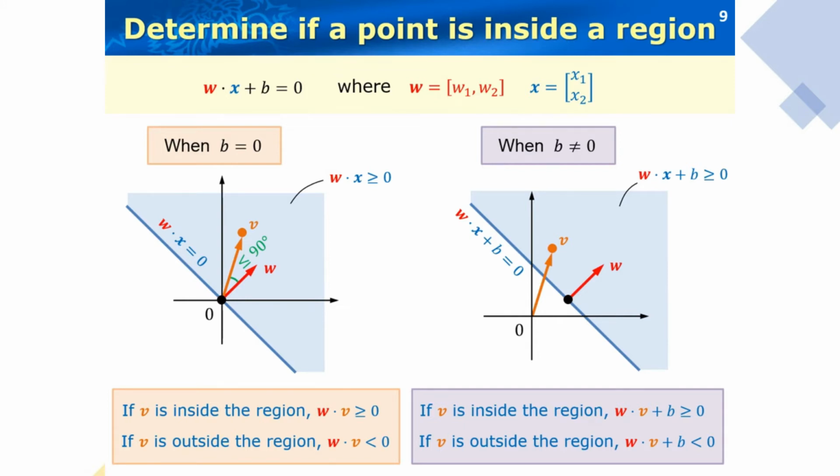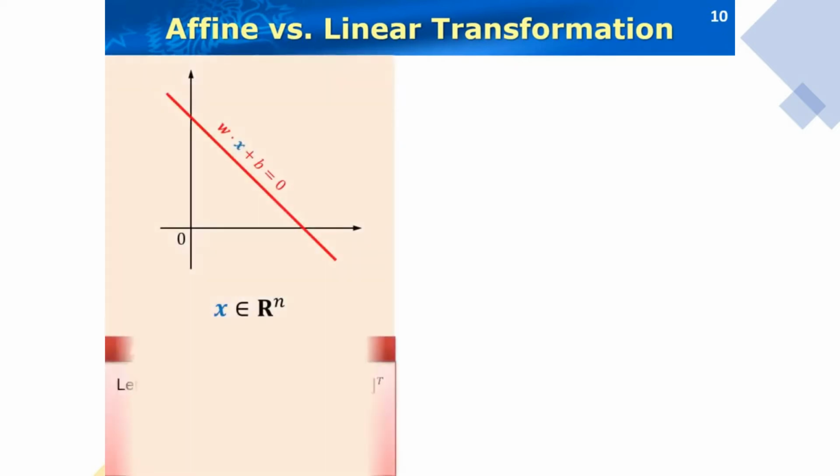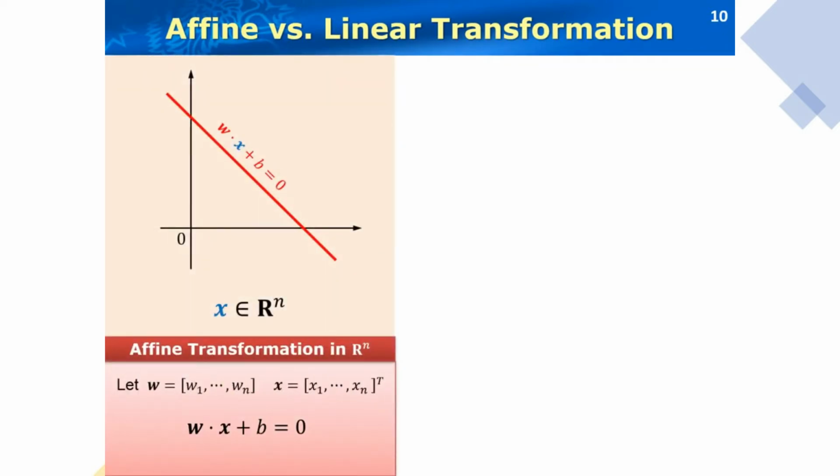To address this problem, when the plane does not cross the 0 point, we can use a higher dimensional space to represent this plane, making the plane cross the 0 point in the higher dimension. To be more specific, we now introduce two transformations in mathematics. One is the affine transformation and the other is the linear transformation.